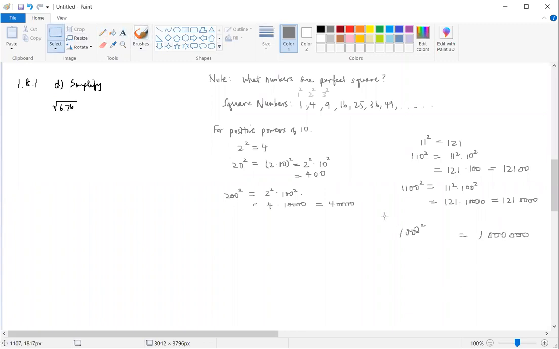So we'll recognize this. Okay, so let's write down here. To be a perfect square, the rule is that, of course, the non-zero part at the front is a square number.